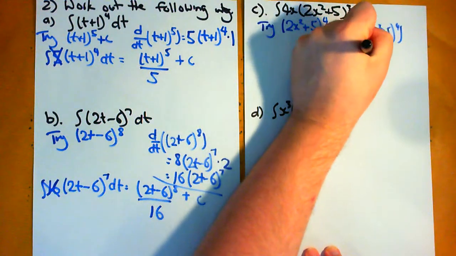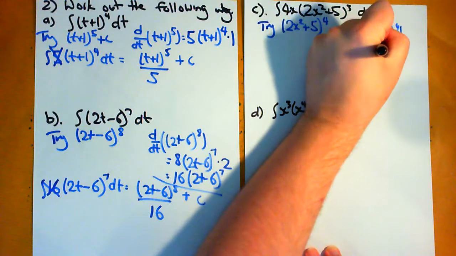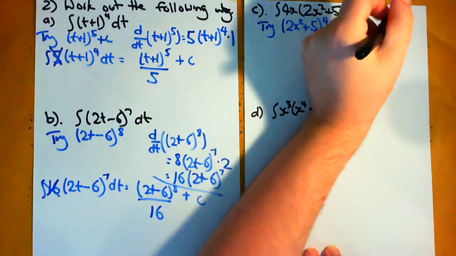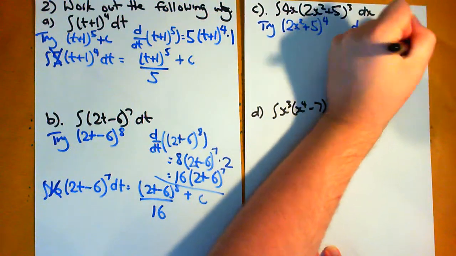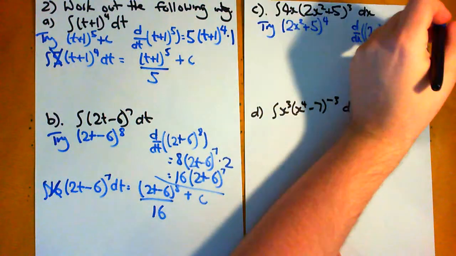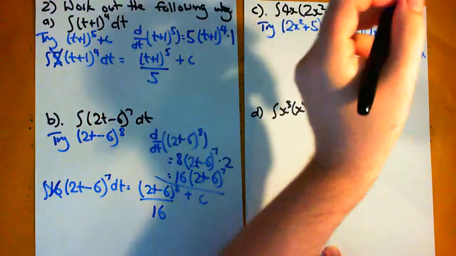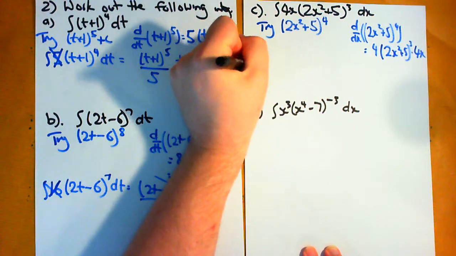So if we differentiate that, we get 4 multiplied by that bracket, which is (2x² + 5)³, times the derivative of the inside of that bracket, which is 4x. Okay, so let's write that in terms of an integral.